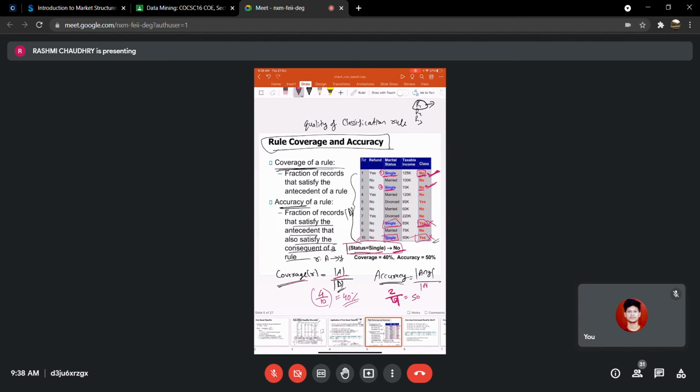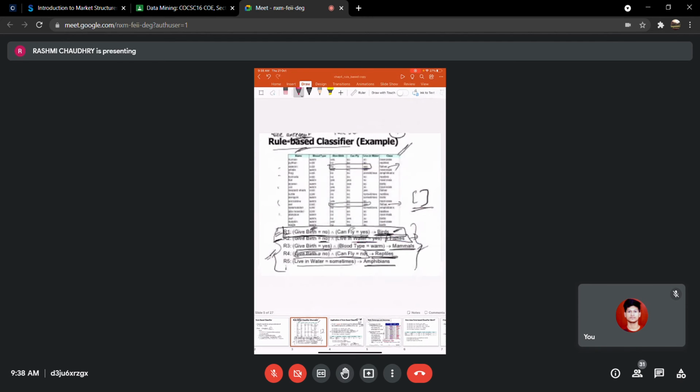So I can say accuracy is 50%. Similarly, if this data set is given, let's take the example of this R3. Gives birth, yes.